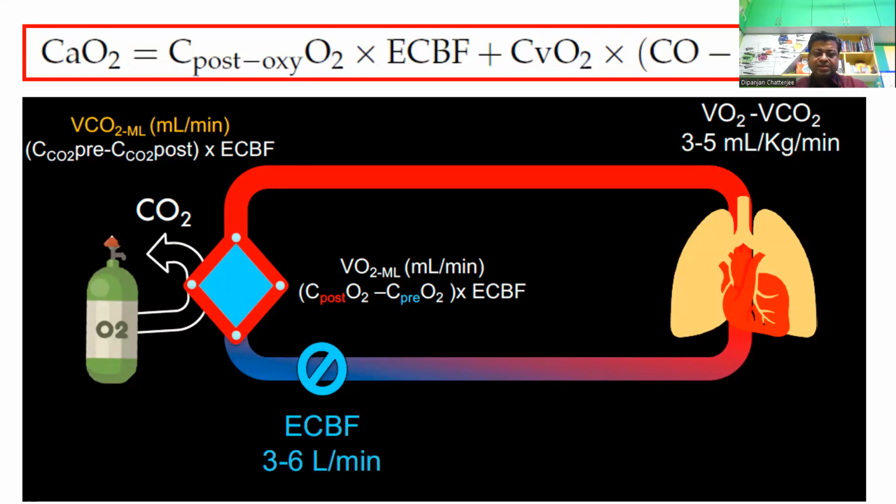And also, there is some amount of mixing that will come in the later slides. So the net oxygen content will always be dependent on these two factors. These two places, the ECMO membrane and the alveolar membrane, are where the oxygenation is taking place. Usually, when the lungs are not functioning properly, ECMO provides the major oxygen to the blood.